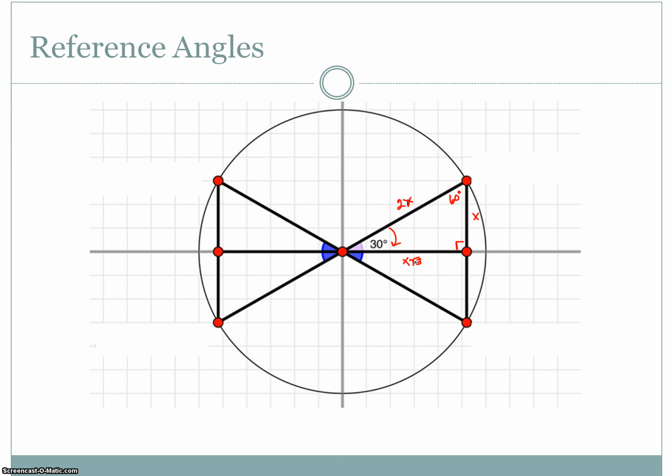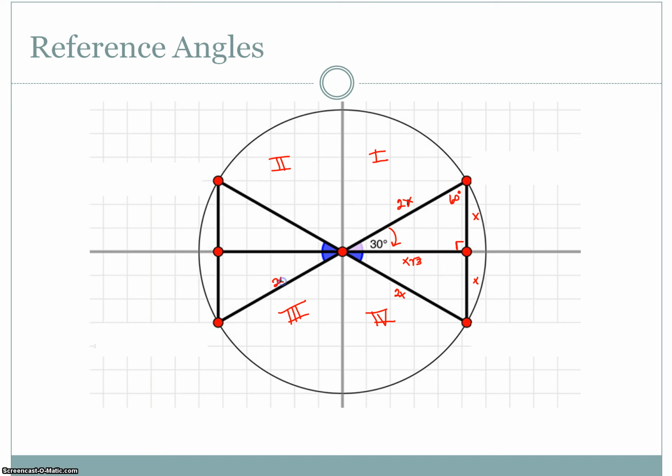So essentially I can create this triangle 4 different times. Once in the first quadrant, once in the second quadrant, once in the third quadrant, and once in the fourth quadrant. And the triangle is always the same. In other words, this is always 2x and this is always x.